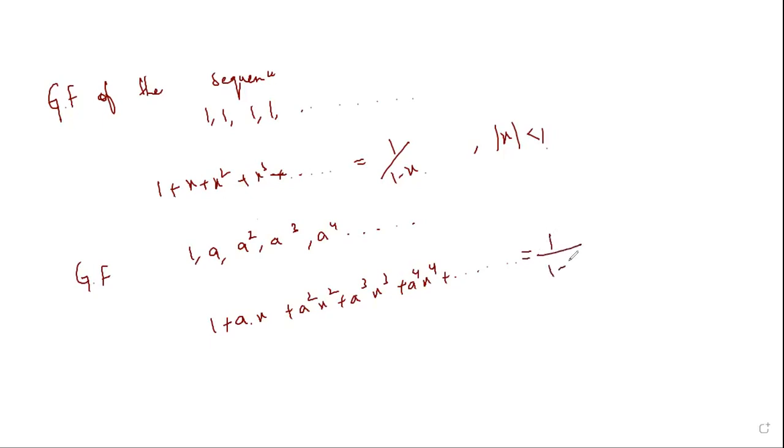And this is given as 1 by 1 minus ax, whenever modulus of ax is less than 1, or we can even say that mod x should be less than 1 by a, where a should not be equal to 0. Now, why do we need these results? Whenever we want to use generating functions to solve recurrence relations, these results are important.